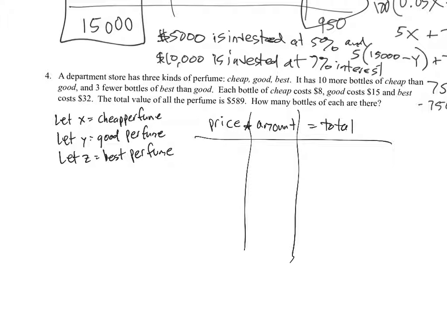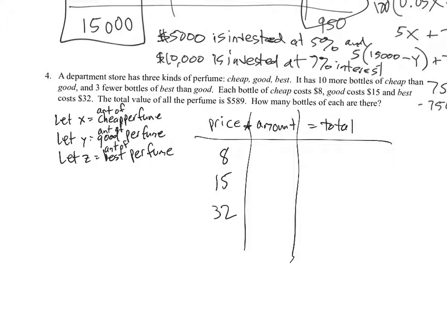Each bottle of cheap costs 8, good costs 15, and best costs 32. And then we can look at the amounts. The interesting thing here is the amount of each.